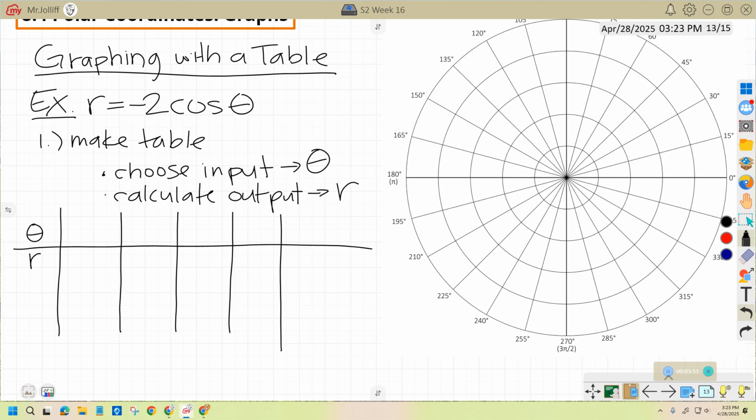Okay, so my default when I'm plotting polars is I go 0 to pi, and then if that's not enough for me to see the pattern, I tack on extras. So 0, 30, 60, 90, 120, 150, 180.